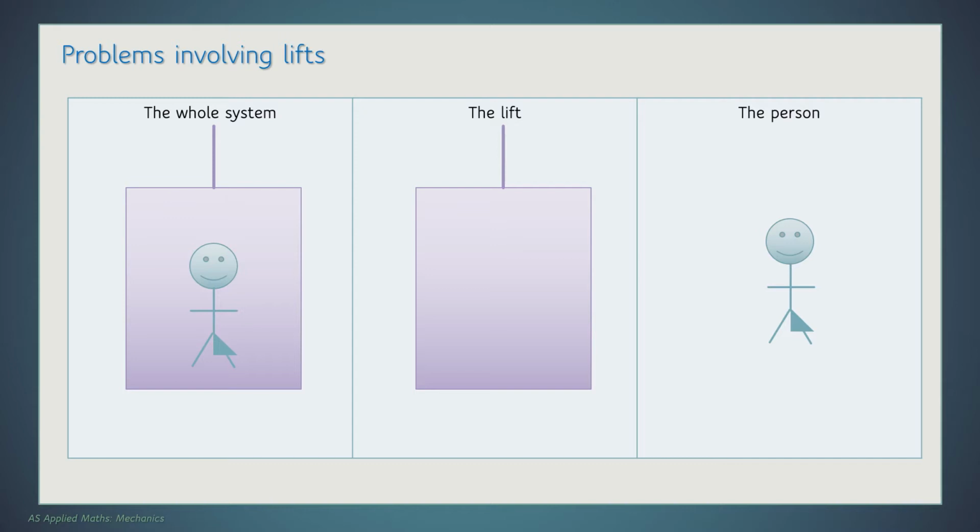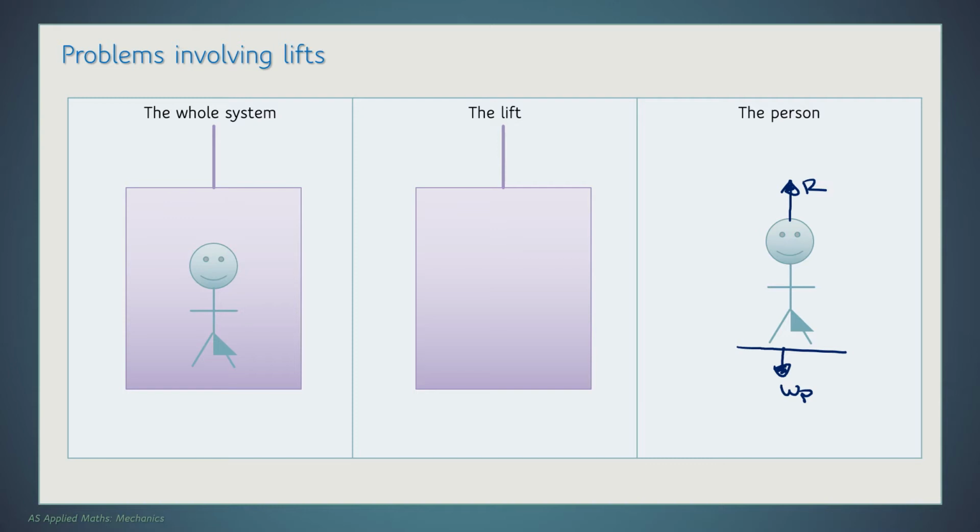So I'm going to start at the right, looking at the person first. The person is stood on the floor of the lift. The forces acting on the person, well, there's the weight of the person, but also there is a reaction force. Don't know why the reaction force is coming straight out of their head, but there it is.